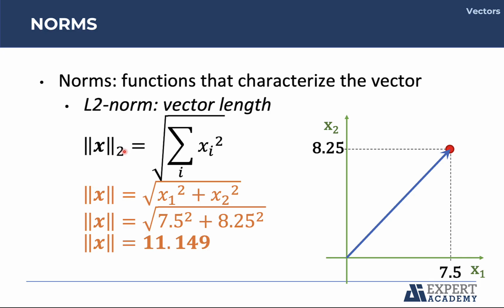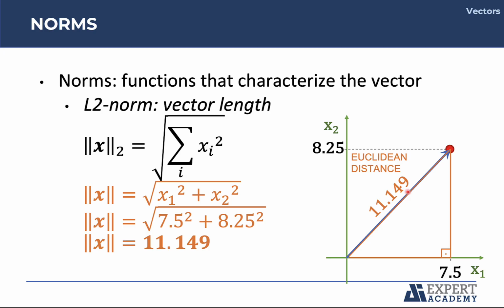Since L2 is the most widely used norm in machine learning, it is common to refer to it as the norm of x without the subscript 2. Notice in the graph that the vector is equal to the hypotenuse of the right triangle with sides equal to x1 and x2. It is from this relationship that the function determines the length of the vector.